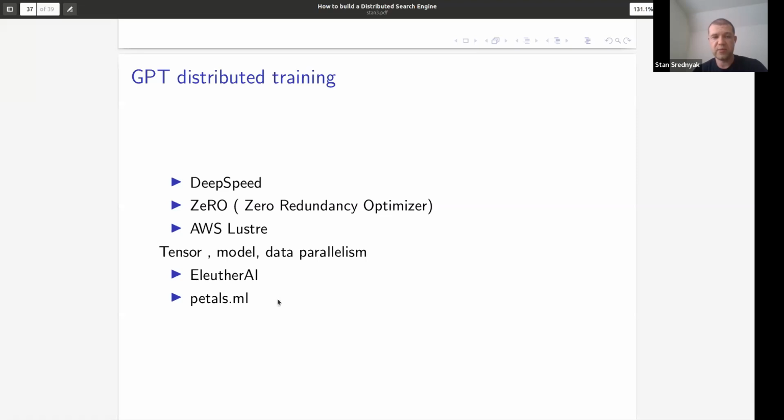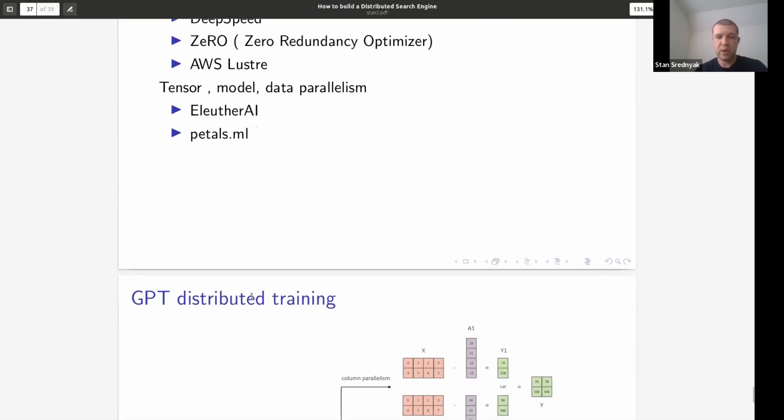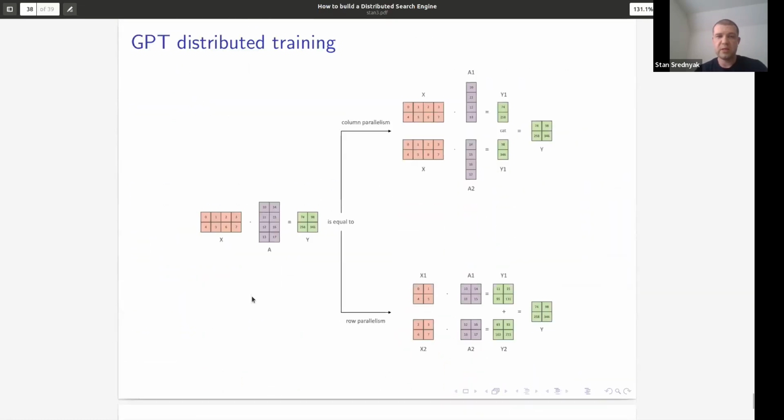There is already some work done on this, for example, by these two startups, and we are working on our own implementation. As I said, the distributed training can only be done on clusters, so the way we think about this is that we will train the model on the cluster and then use it to serve from a distributed network.